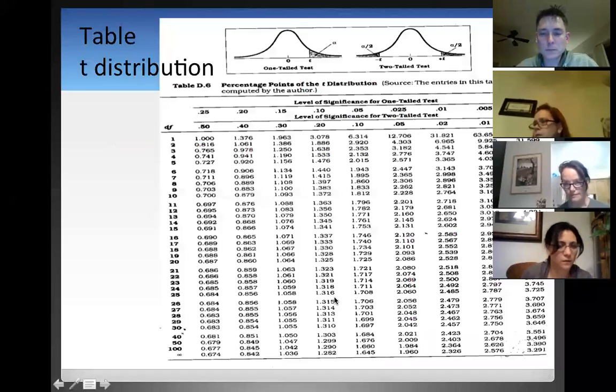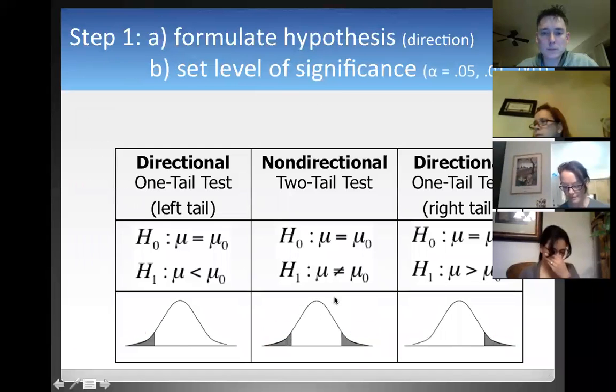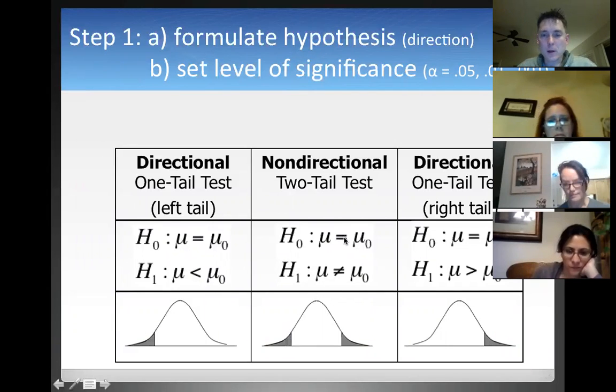Let me go back, since I have this stuff here. I'm going to share the screen again. This is what we're talking about. You can see how these come in pairs.